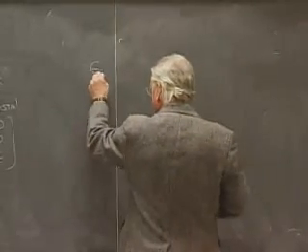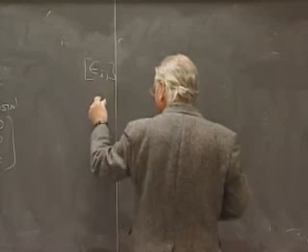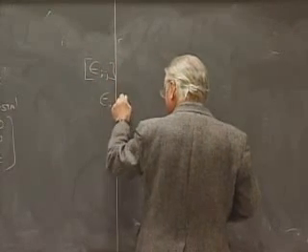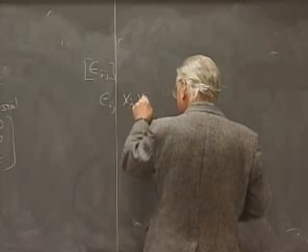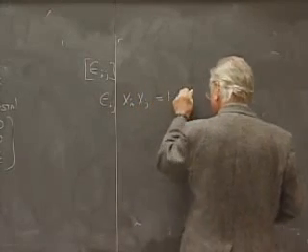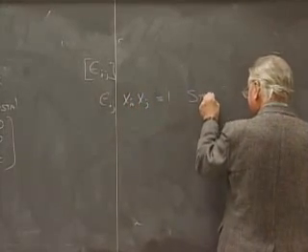I can take a strain tensor epsilon ij, and I can form the surface epsilon ij xi xj equals 1, and that will be the strain quadric.